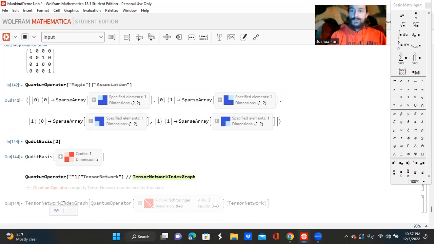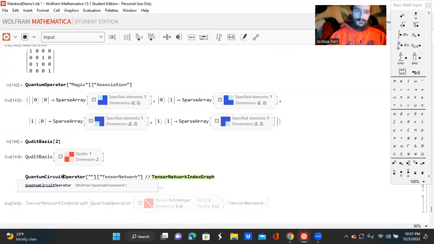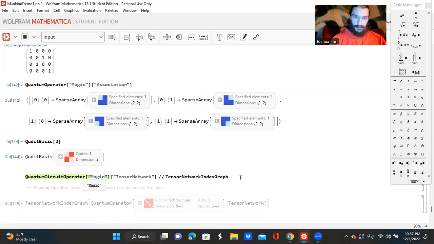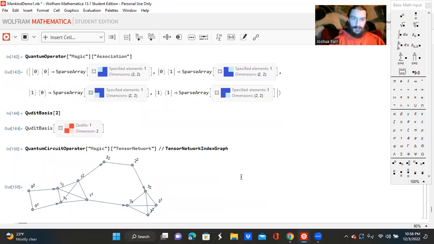So, quantum operators. Quantum circuit operators. Now, getting somewhere. The quantum circuits are themselves being run on the quantum computers. This should work now. I'm pretty positive. There we go.